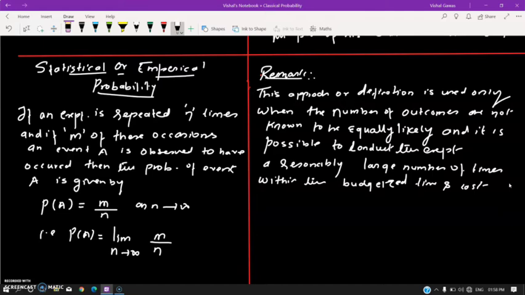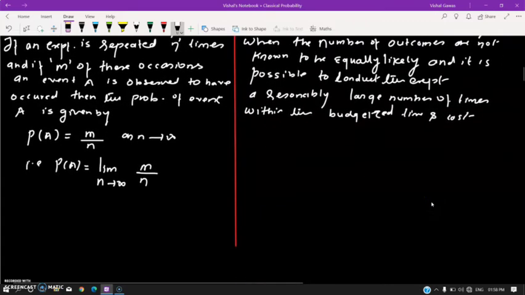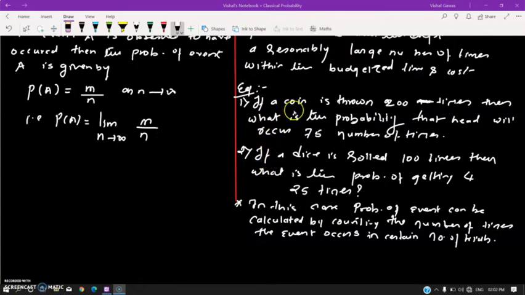For example, let's look at some situations where I can use this. Say a coin is thrown 200 times, then what is the probability that head will occur 75 out of those 200 times? If I look at the classical theory of probability, it tells me that if I throw a coin, the chance of getting head has to be exactly half, the 50% chance.